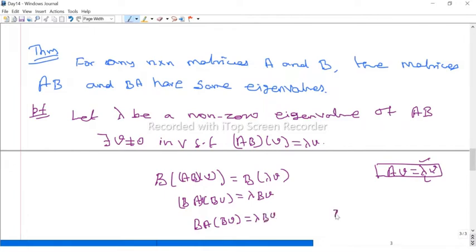Therefore, this looks like BA times X equals lambda times X. So lambda is an eigenvalue, and this BV is the eigenvector corresponding to lambda for the matrix BA.